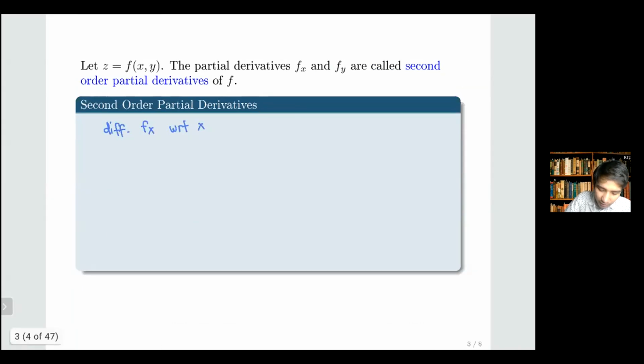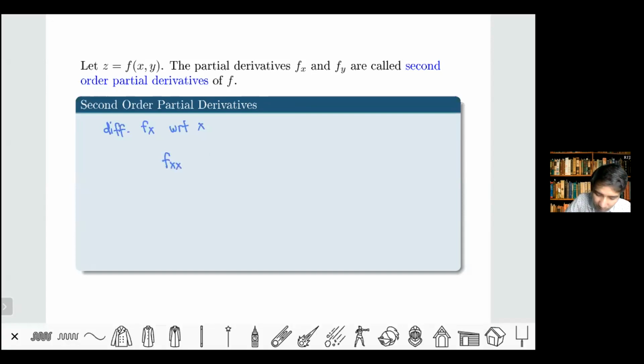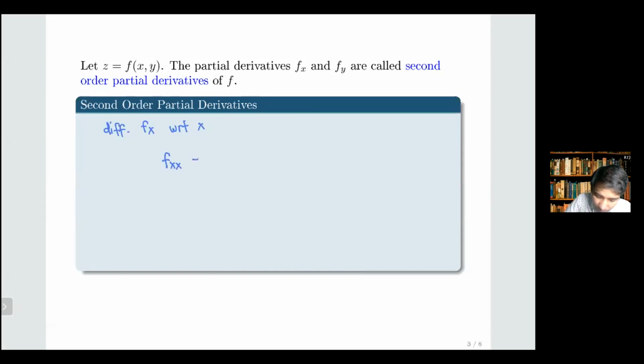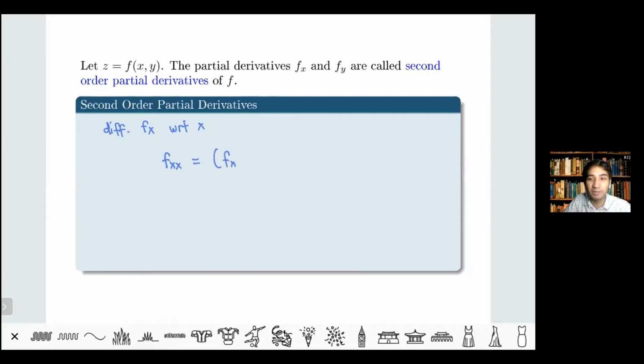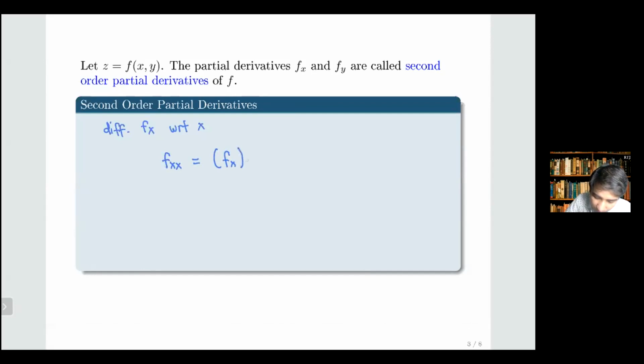So, itong function na to, pwede nyo siyang tawagin na fxx. Okay? Bakit fxx? Kasi pwede nyo isipin na yung f sub x, no? So, yun yung function natin, yung partial derivative f sub x. Kinukuha natin yung derivative niya with respect to x. Tapos, para makatipid tayo ng parentheses, tatanggalin na lang natin siya. So, parehas lang yan. Okay?